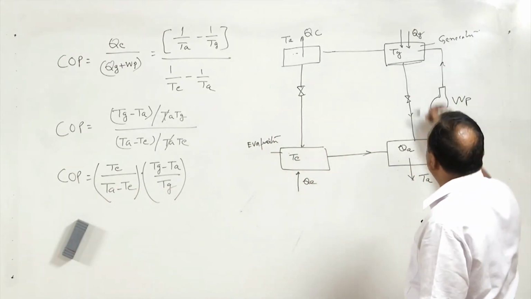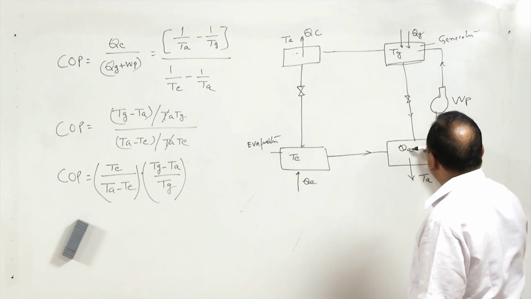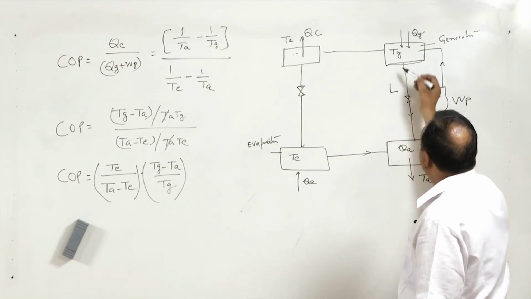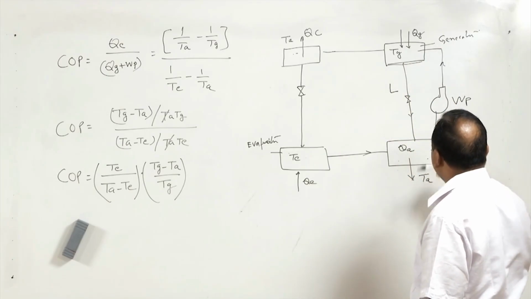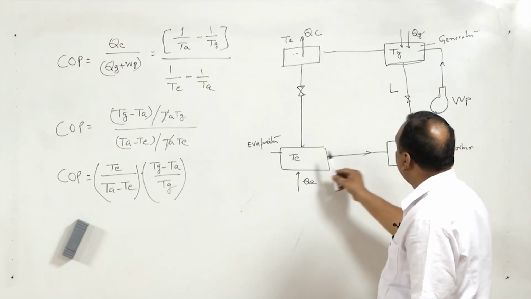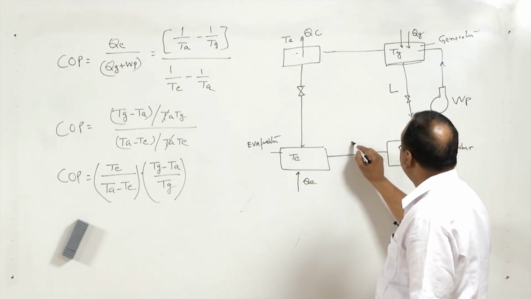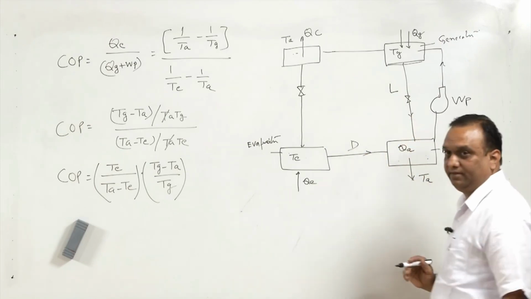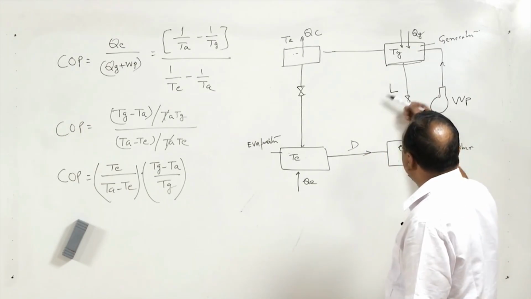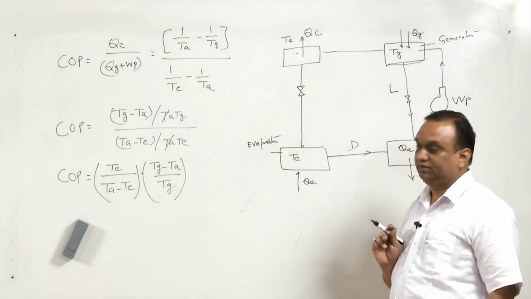Now, this temperature is the difference between TG and TA. TG minus TA is known as lift, the temperature between generator and absorber. The temperature difference between absorber and evaporator is known as depression. Now, for a better performance of the system, the ratio of L by D should be less than 1.